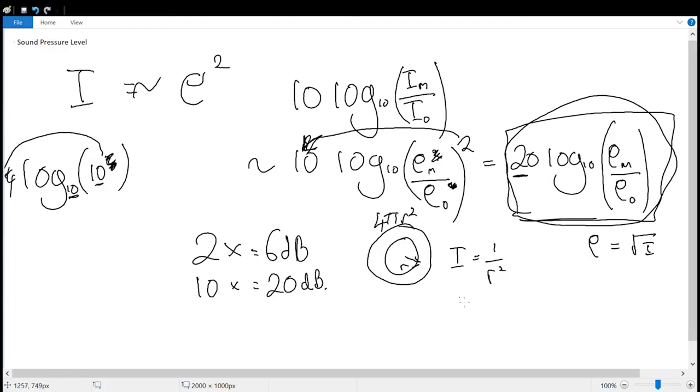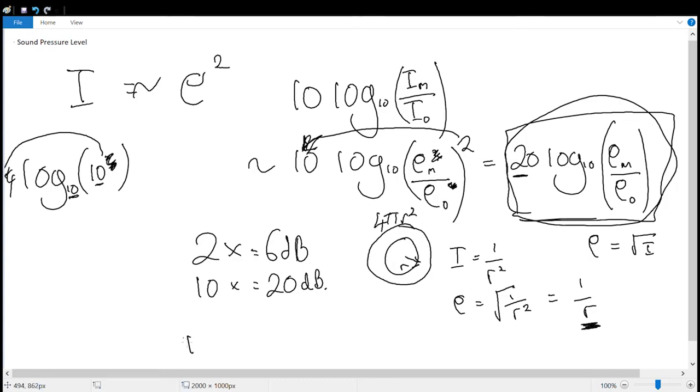So if we were to replace this with what's happening to the sound pressure level, it'd be the square root of 1 over r squared, which would give us 1 over r. So sound pressure isn't inverse square law, it's just the inverse law. So for every doubling of distance, we get half the sound pressure level, which is 6 dB.